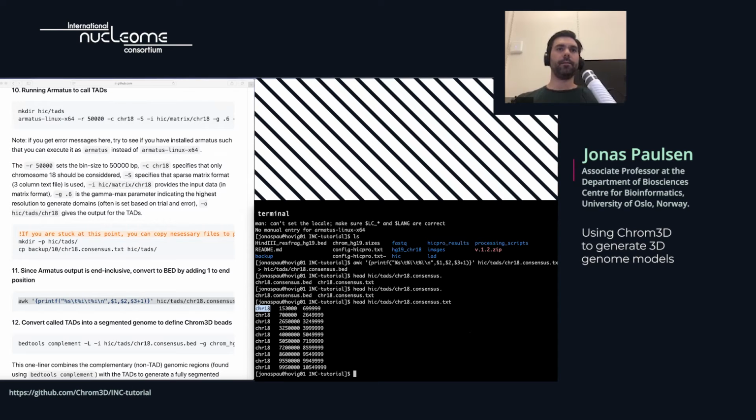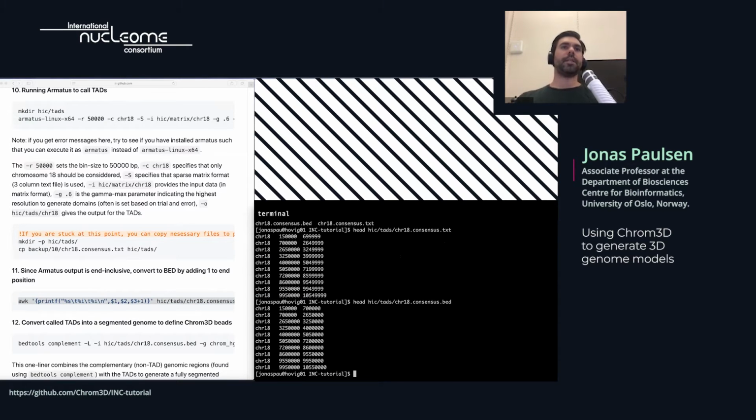It looks like a bed file, but it's not exactly a bed file. After running step 11, you will actually make the bed file, which just adds a 1 to column number 3. Armatus is end inclusive in the output, so that means it includes the last position here, but that is not the case for a bed file, so therefore I add a 1 to the last column to actually generate the bed file from this.